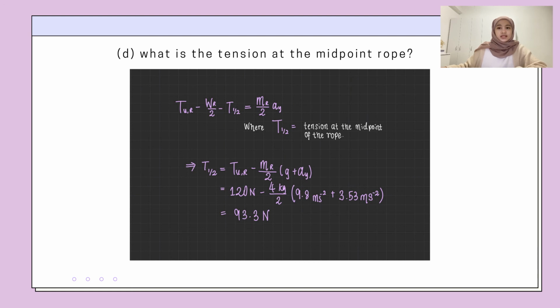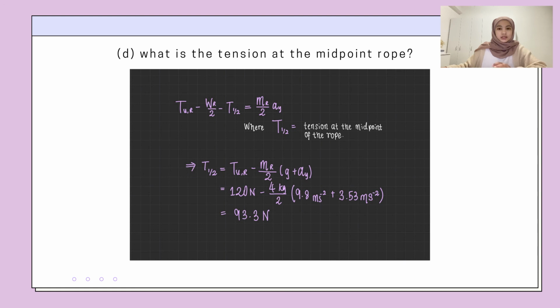Applying Newton's second law to the upper half of the rock gives T_UR minus W_R over 2 minus T_half equal to M_R over 2 times a_y, where T_half is the tension at the midpoint of the rock.